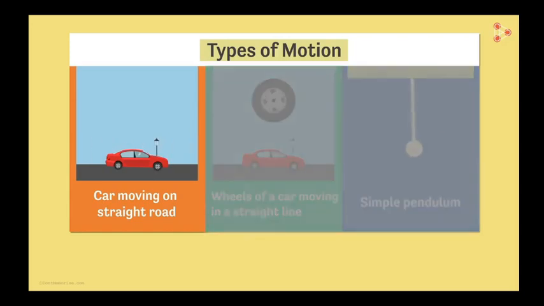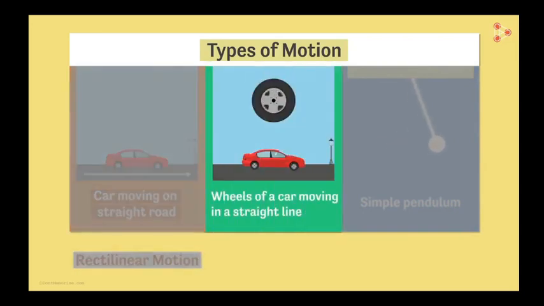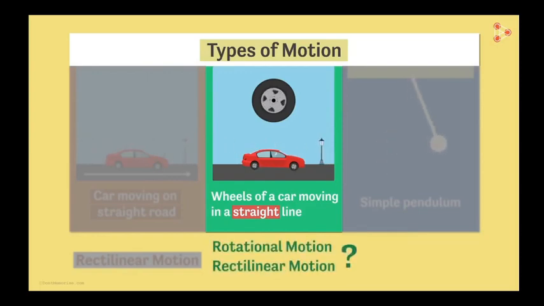The first one is clearly rectilinear motion. It's a car moving along a straight line. The second one is interesting. Most of us would have guessed rectilinear motion after seeing the word straight. Which type of motion are the wheels of an automobile performing? Are they undergoing rotational motion or rectilinear motion, or both?